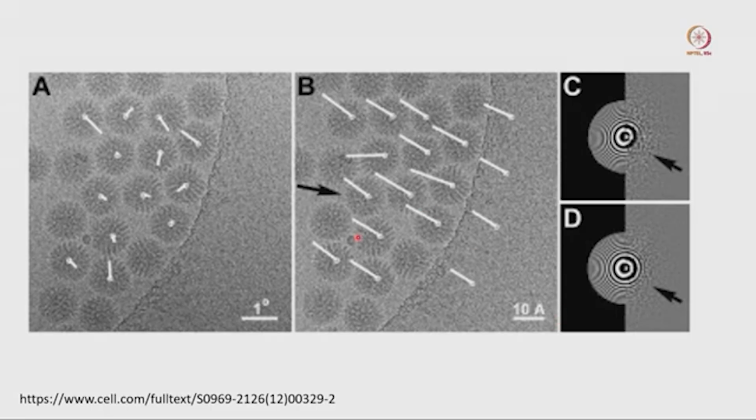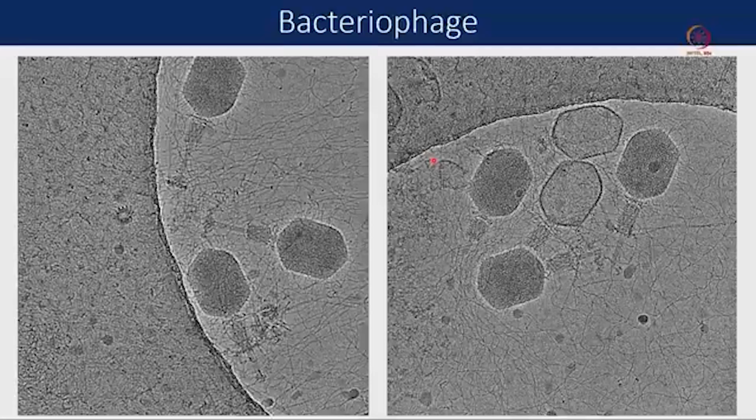But in this particular case, if we do not correct the motion, there will be a lot of side chain features, or the helix or beta strand will be scrambled, and it will be very difficult to identify the individual helix or beta strand, because there is a lot of random motion and we are trying to put all of them together to get a high resolution structure, which is not possible. That is the reason whenever we get cryo data, if we want a high resolution structure, we do the motion correction first and then go for the next step.